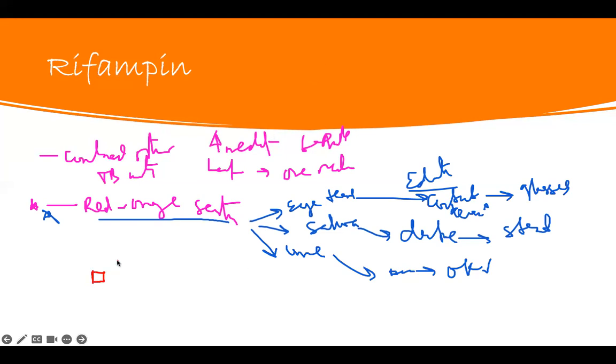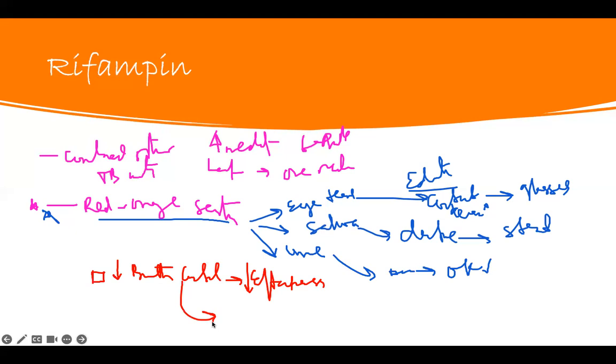But then there's one more teaching you have to let them know. Rifampin will decrease birth control function, or effectiveness. So the effectiveness of birth control goes down. What do you think? If you're taking birth control and it's not effective, you'll get pregnant if you don't want to.